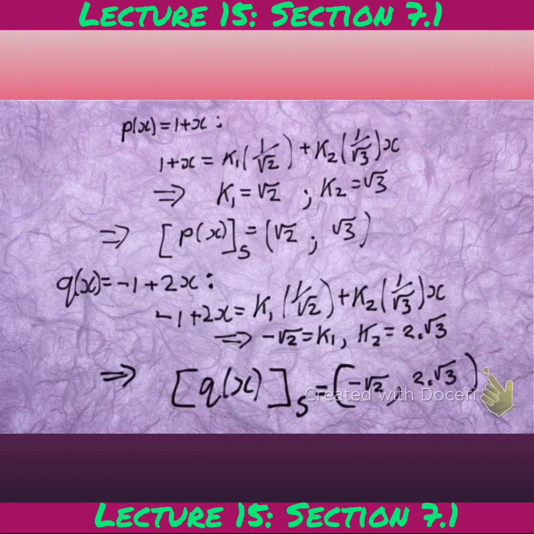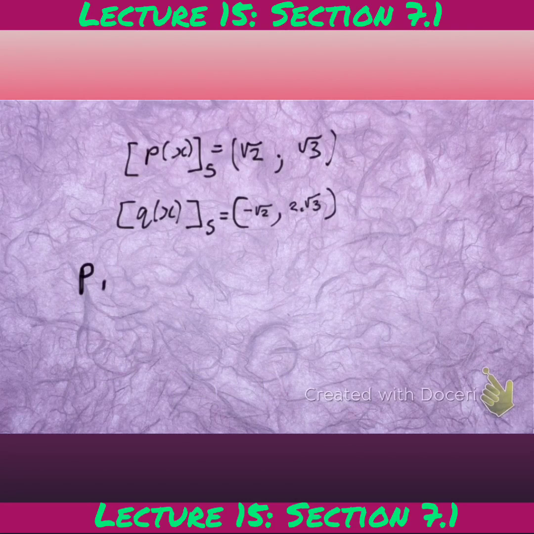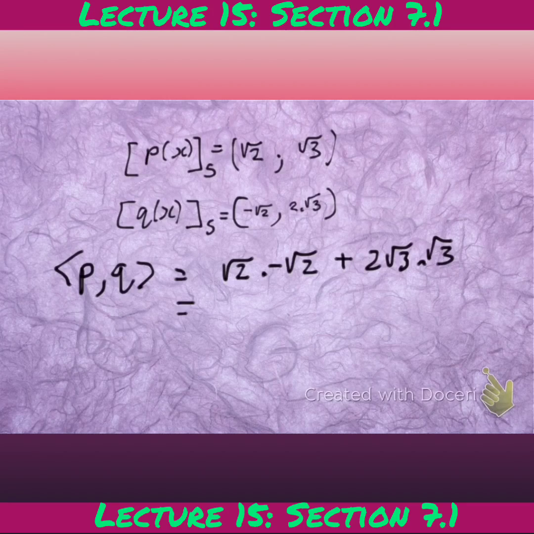So now it's easy to calculate the inner product. The inner product of P with Q is now, according to my previous theorem, going to be the square root of 2 multiplied by minus the square root of 2, plus 2 times square root of 3 times square root of 3, and that's equal to minus 2 plus 2 times 3, which is 4.